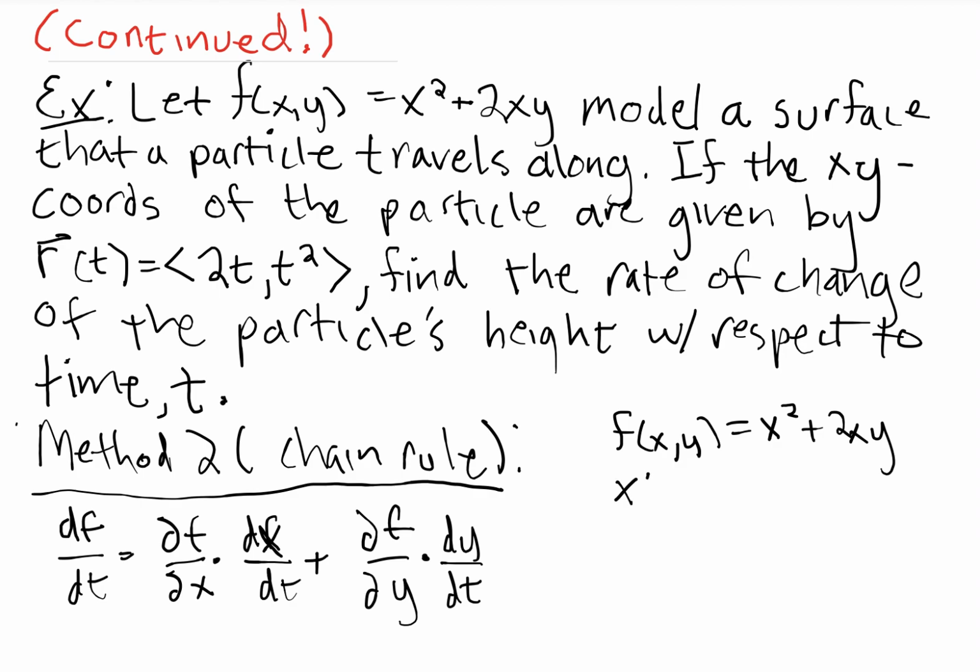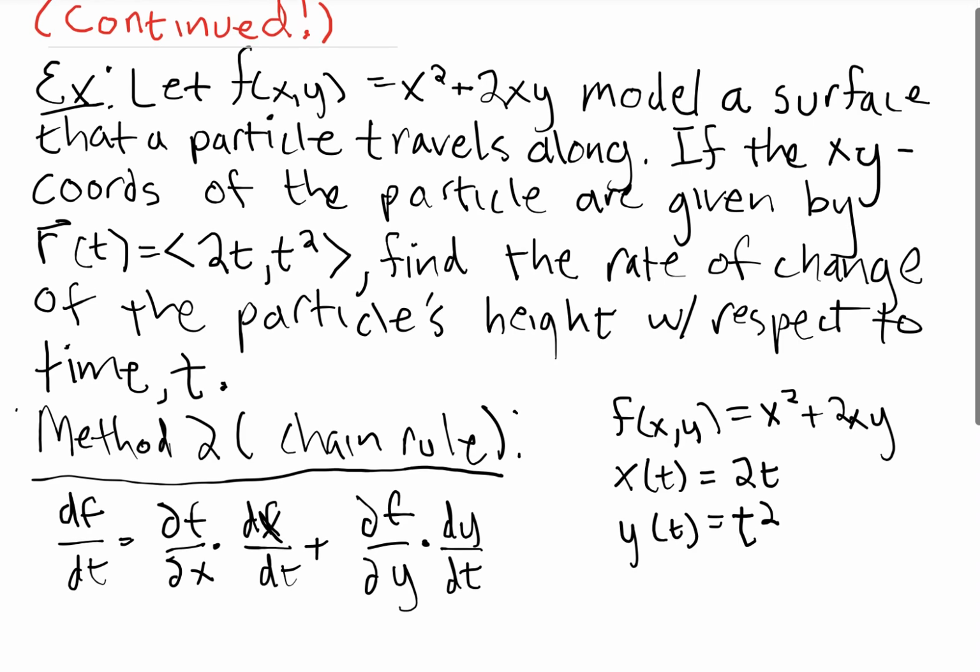Well, here my x and my y are really the component functions for this vector that I've got right here. We'll assume that the first component is my x function that I am plugging in up here to f of x, so this will be 2t. And my y component, my t squared, that's going to be the function that I'm plugging in for y of that curve. So that'll be my t squared.